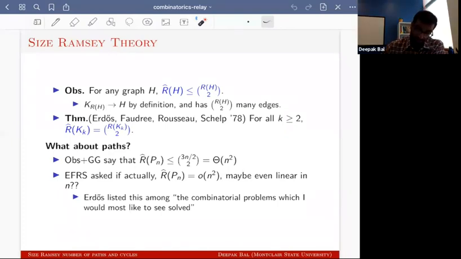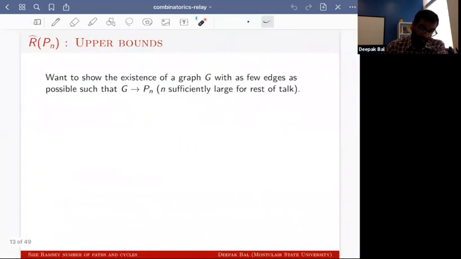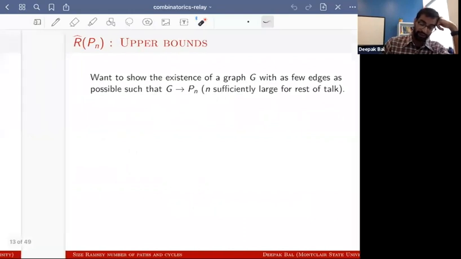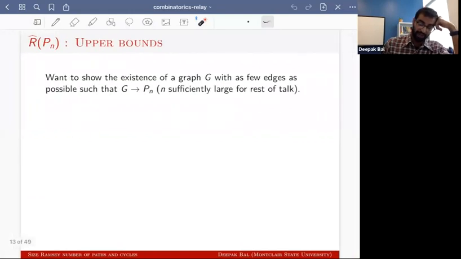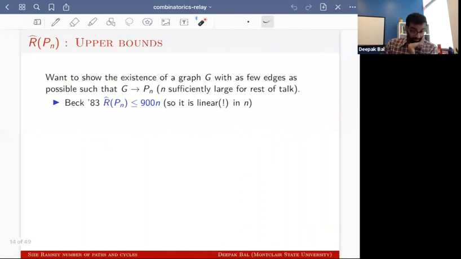So, again, how does one prove upper bounds on the size Ramsey number? What we need to do is show the existence of a graph with the least possible number of edges which arrows Pn. The solution to the problem came from Beck in '83, who proved that this is upper bounded by 900n.